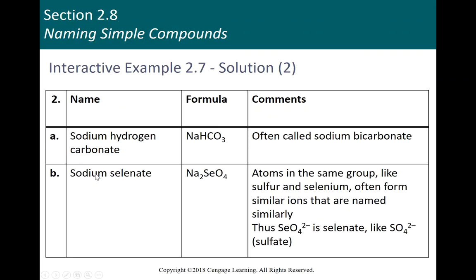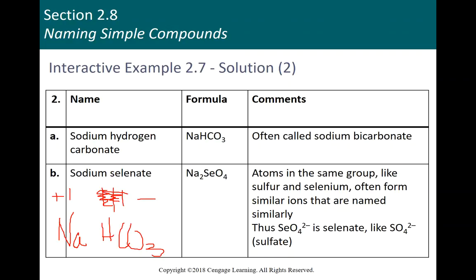Now, in terms of writing formulas with polyatomic ions, it's basically the same kind of rule, only you remember that the polyatomic ion behaves as a unit. So when you write sodium hydrogen carbonate, you have sodium, which is a +1, and then you have hydrogen carbonate, which is a -1.